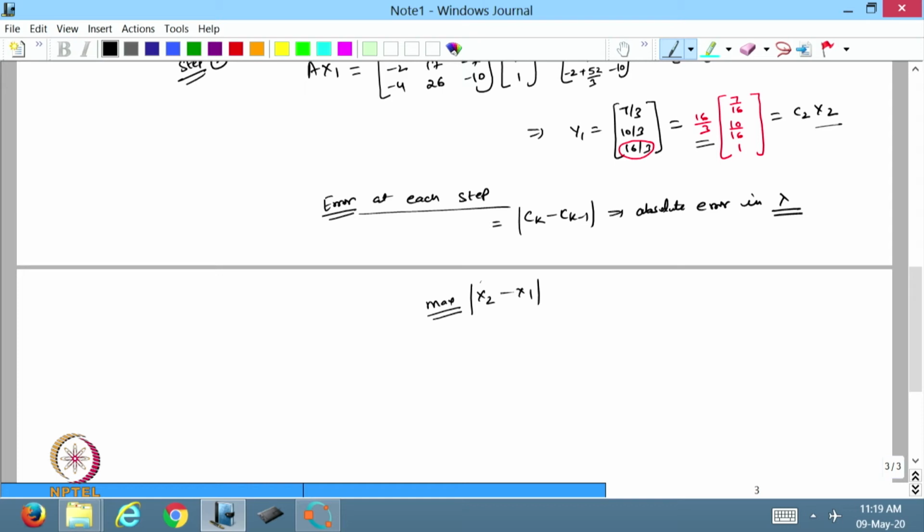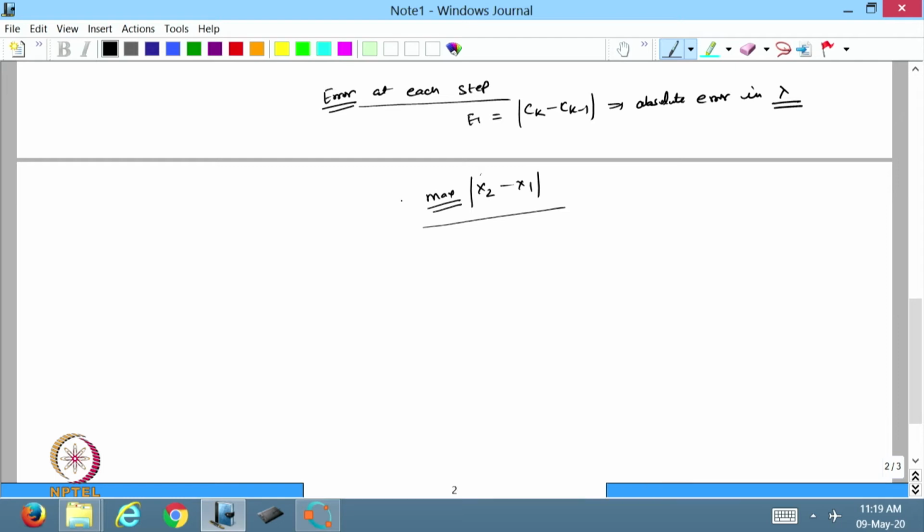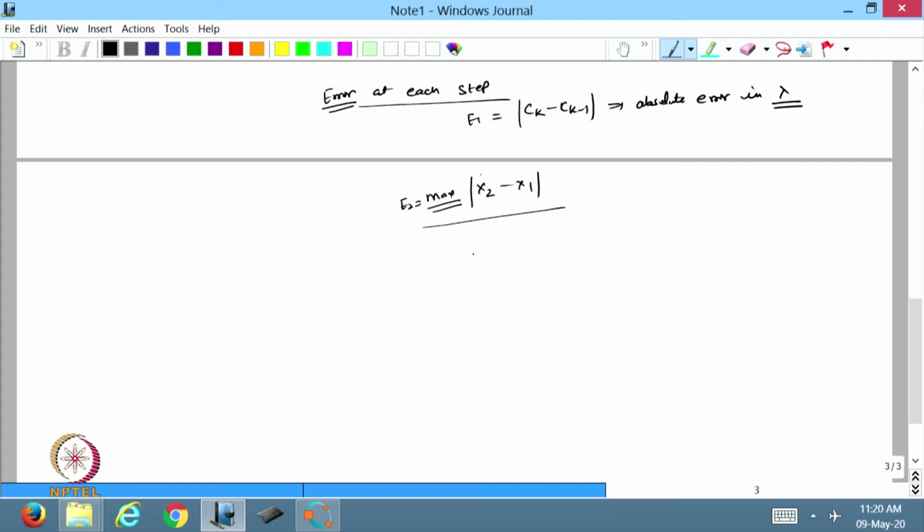This is called the L2 norm of the given vector. Based on this, we see how much this error is. So, I can take this error as E1 and this error as E2. Now, from here I will find the maximum error, the maximum of E1 and E2.